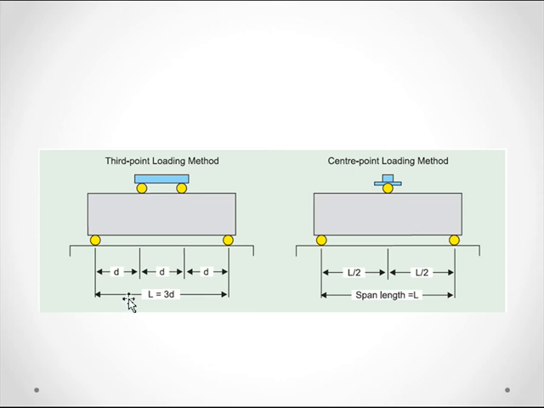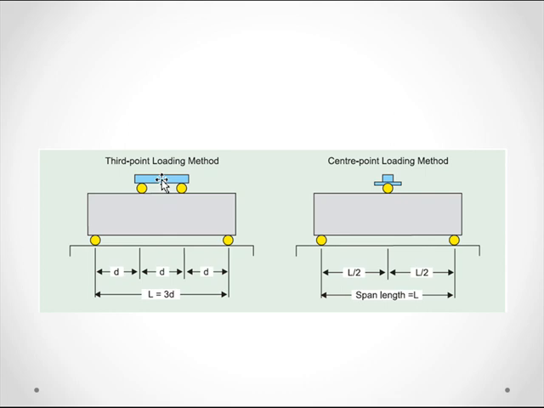You can observe these supports given. The distance between the two supports should be 600 mm for 150 mm specimen and 400 mm for 100 mm specimen. You can observe 2-point loading is applied here and 1-point load is applied here. We call this as central point loading method.